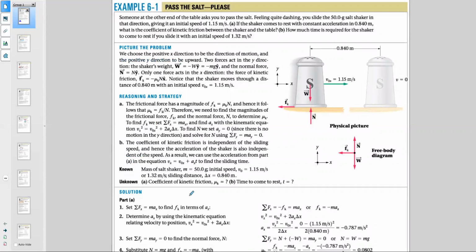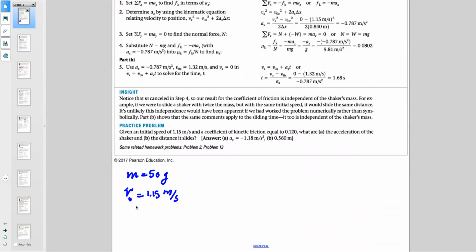If the shaker comes to rest with constant acceleration in 0.84 meters, so the displacement here is 0.84. That's what it is.